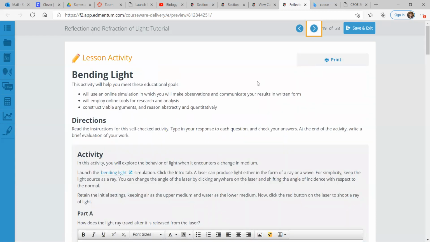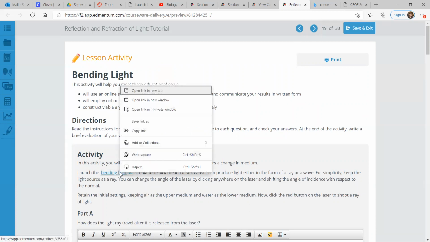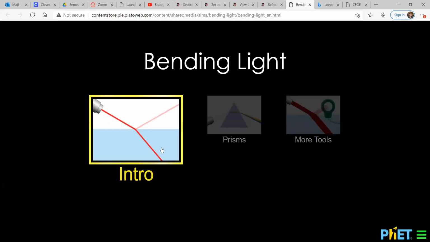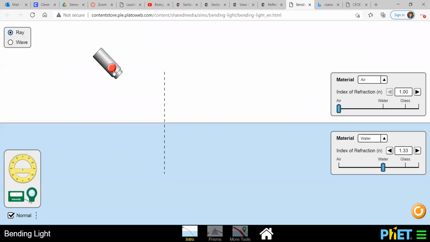So here we have a lesson activity, bending light, this simulation. And in it, you can bend light. Shocker. So here we go. Intro.